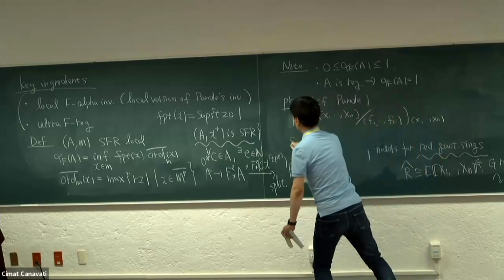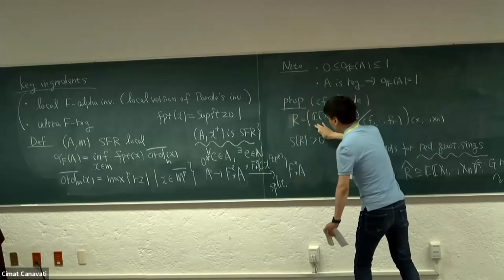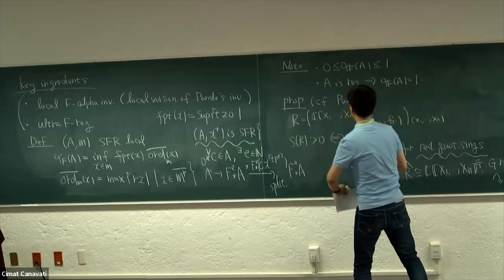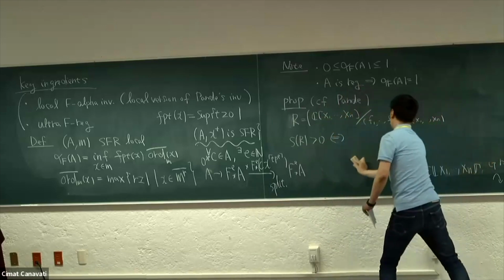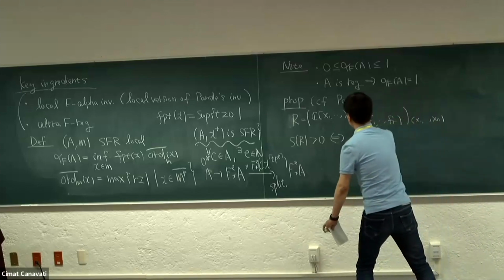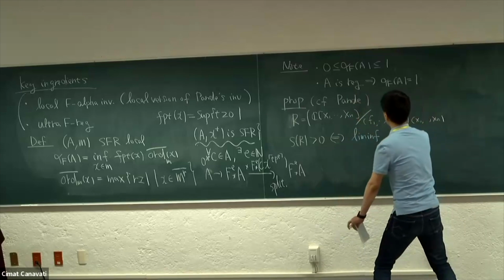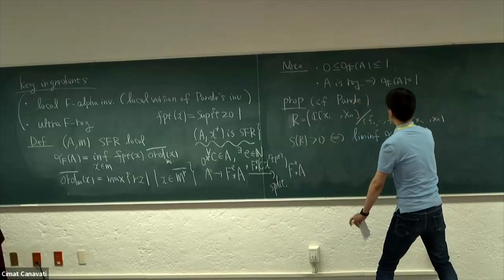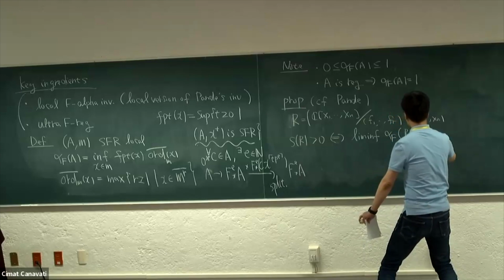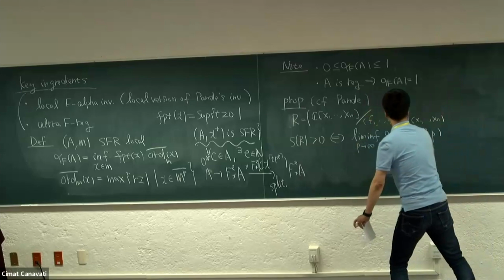So then we define the F-signature of this R, and this F-signature is positive if and only if the limit inf of the alpha F invariant of R mod p, the modulo p reduction of R, is positive.